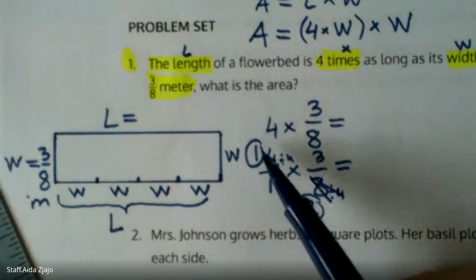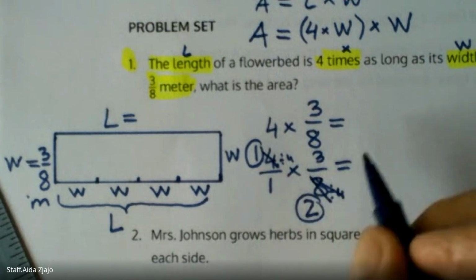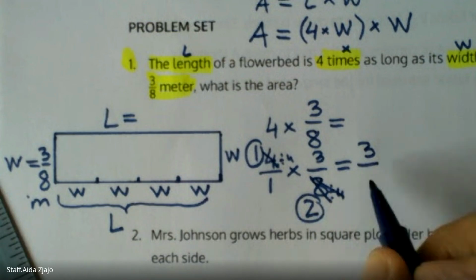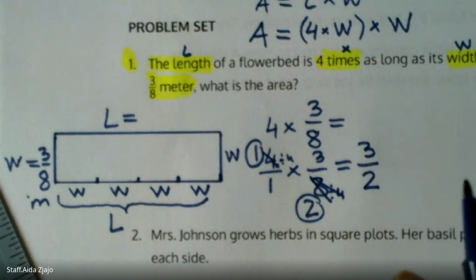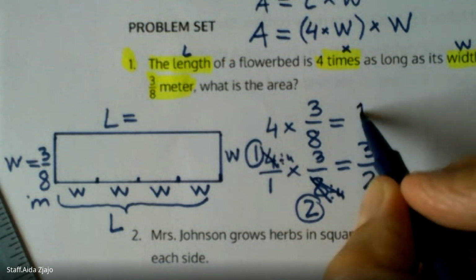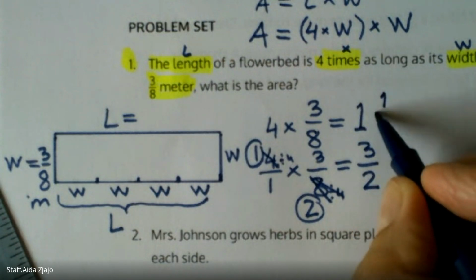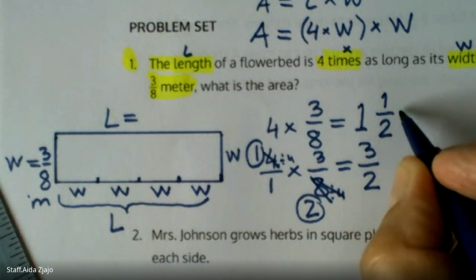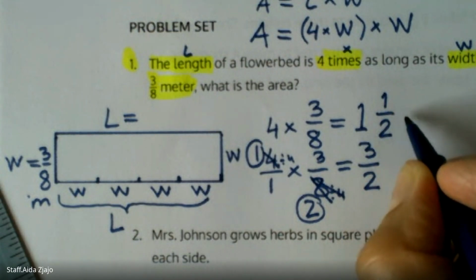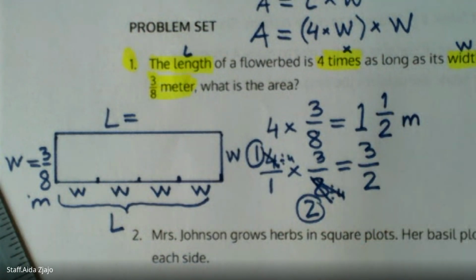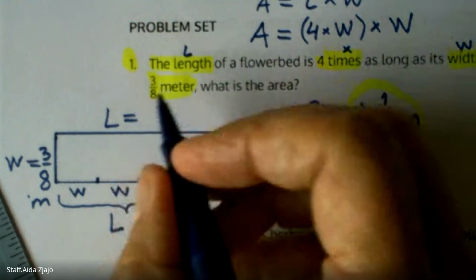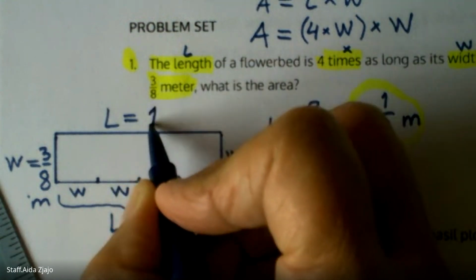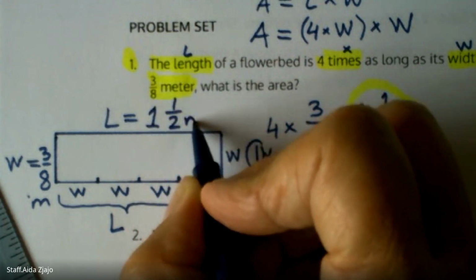So 1 times 3 is 3, and 1 times 2 is 2. So 3/2, and 3/2 is really 1 whole and 1/2 meters. So that is the length.